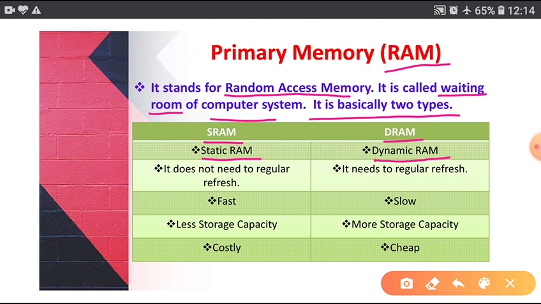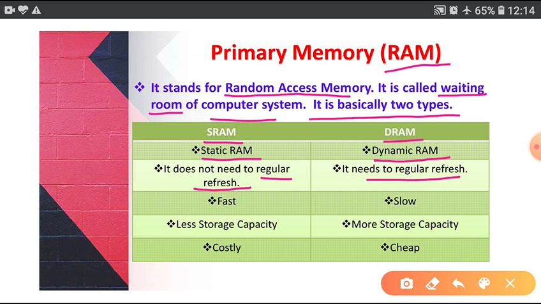It is basically of two types: SRAM and DRAM. SRAM stands for static RAM, DRAM stands for dynamic RAM. SRAM does not need regular refresh. DRAM needs regular refresh.